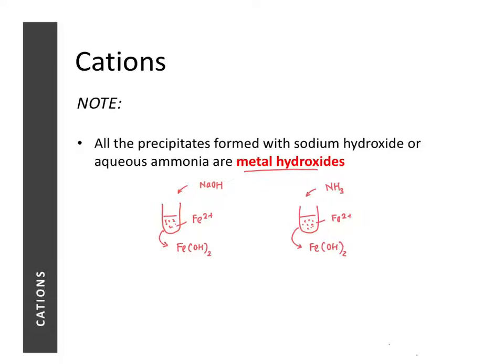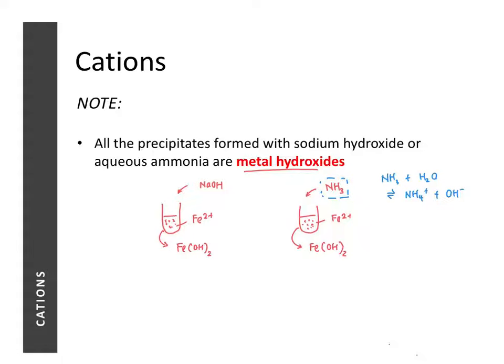You have to recall in the topic of acids and bases that ammonia is a weak alkali. So when ammonia is dissolved in water, aqueous ammonia, it actually ionizes to produce ammonium ions and hydroxide ions. So it's the hydroxide ions that are reacting with your iron 2 to form the precipitate.